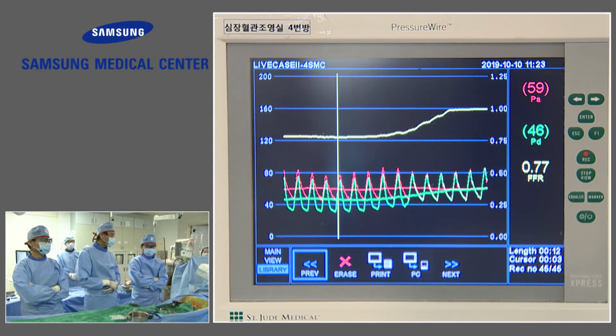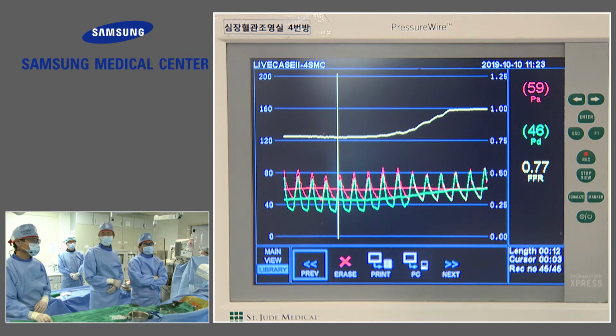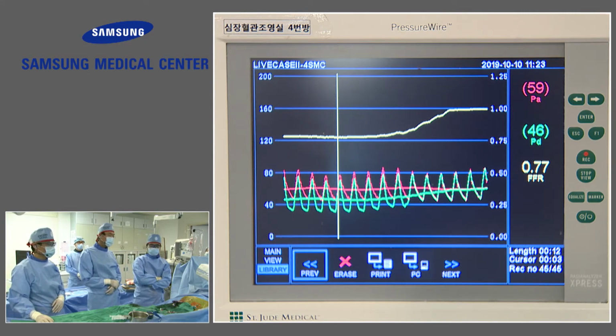TAVI is boring now, so let me check the FFR after the TAVI procedure. It'll be interesting. Also, the Sapien valve has a wide cell opening in the upper part of the valve, and they say it is easy to cannulate the left coronary. So let's see what will happen.